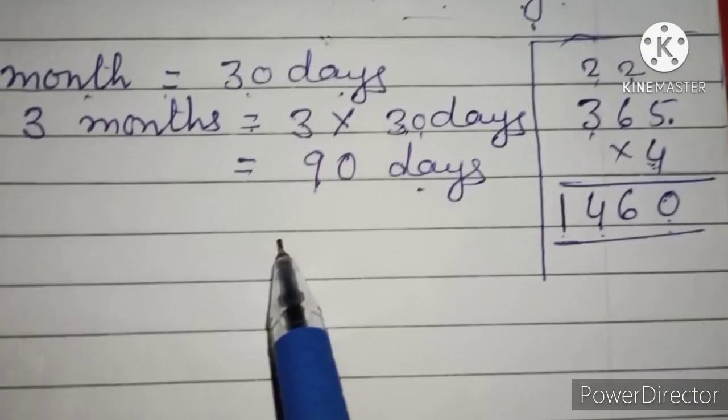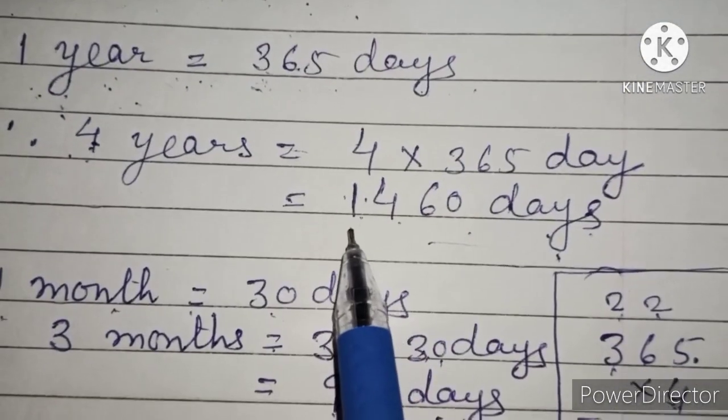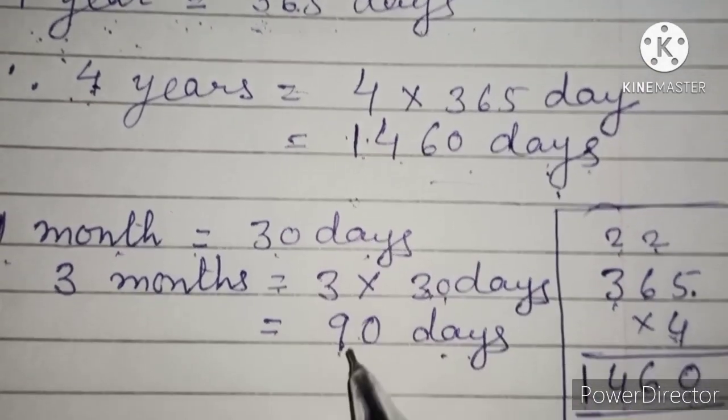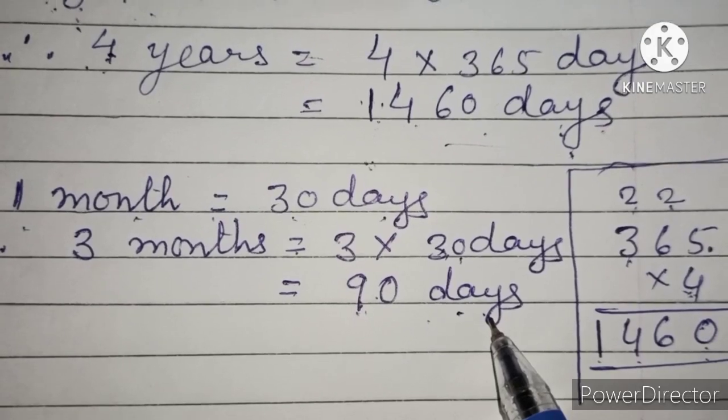Now 1460 days and 90 days we have to add.